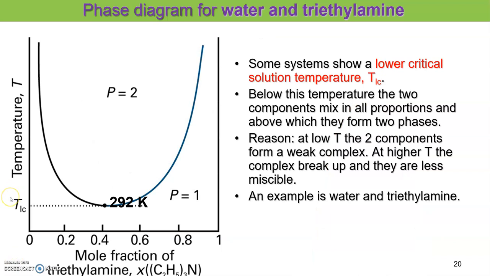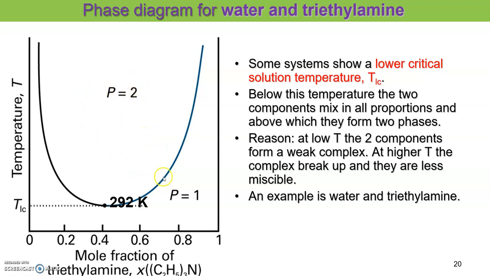Besides, we also have phase diagrams of systems that show a lower critical solution temperature, for instance the phase diagram for water and triethylamine. From this diagram, we see that below this temperature, the two components mix in all proportions, and above it, they will form two phases.